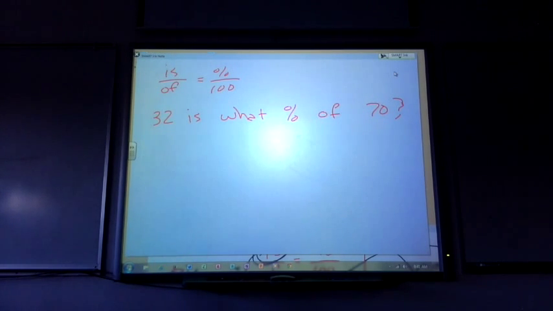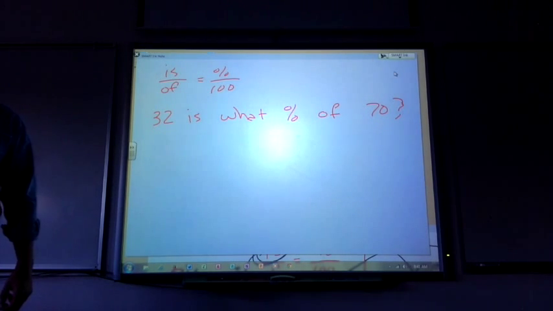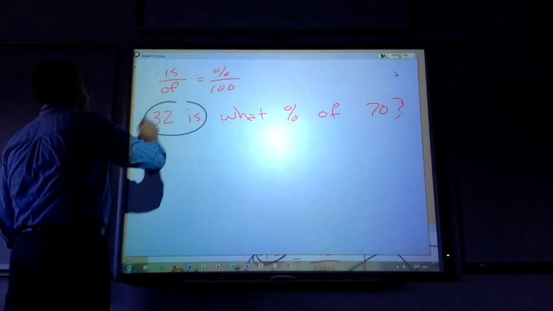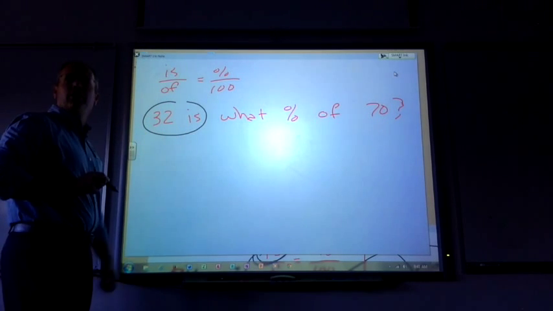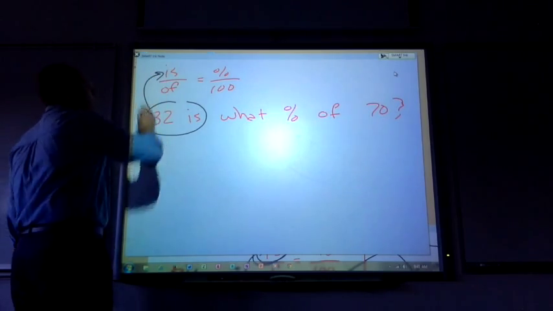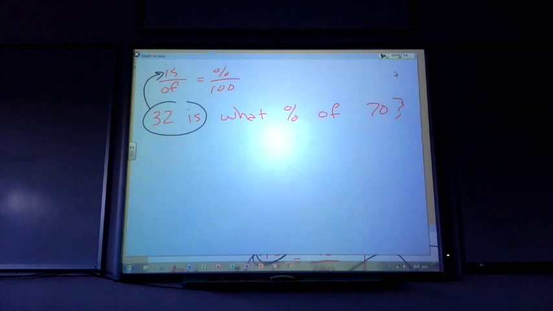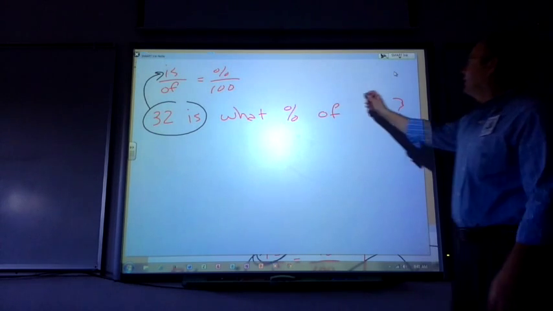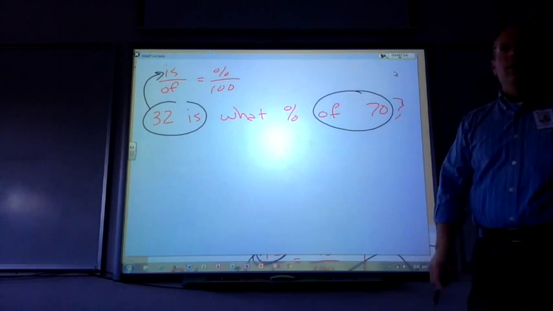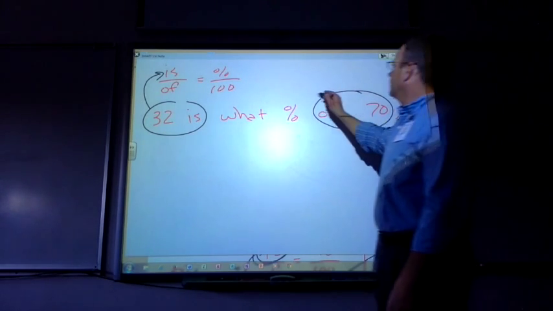Does 32 have a percent on it? No. Where do you think that goes? Where the is is. Of is closest to what number? 70. Does 70 have a percent on it? No. So where do you think that goes? Right where the of is.